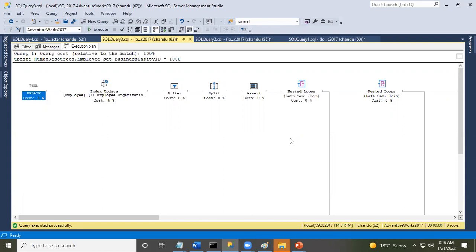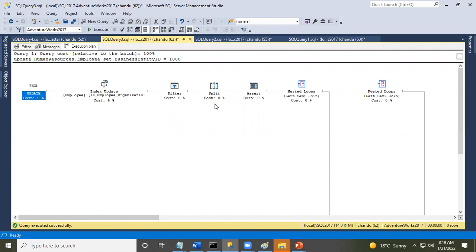When 10 transactions are updating, the 10 transactions first will be done in buffer cache, right? Correct. After buffer cache, it will go to the log buffer cache and then to the log file.